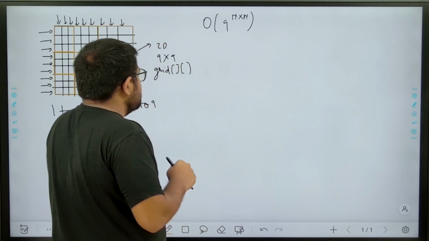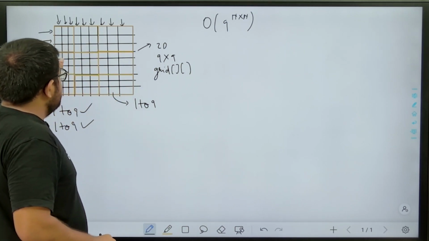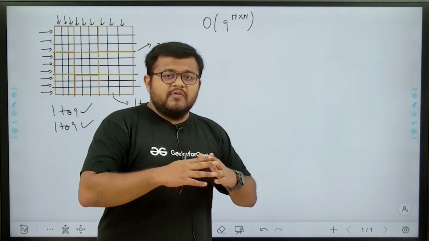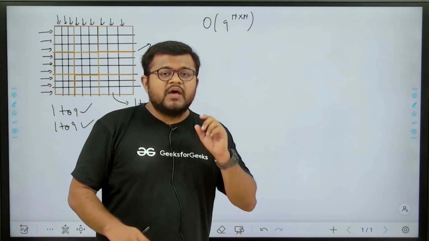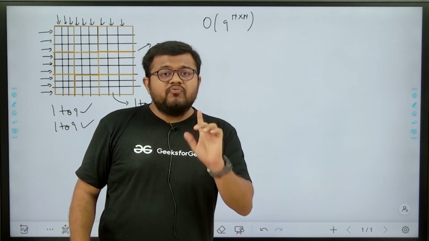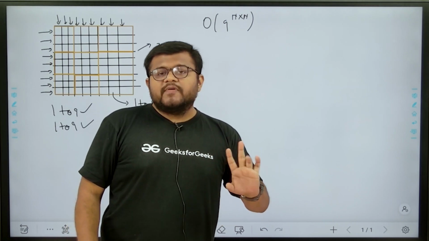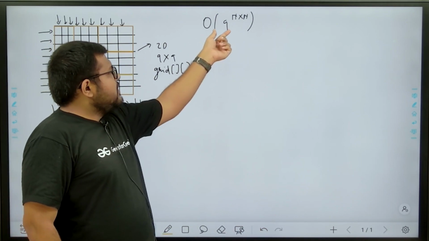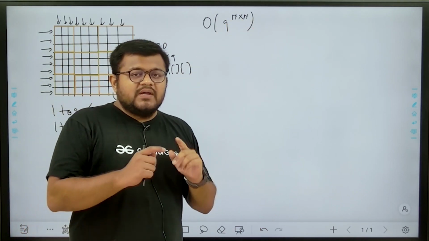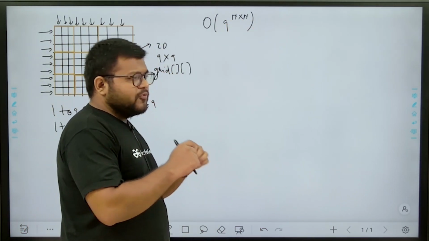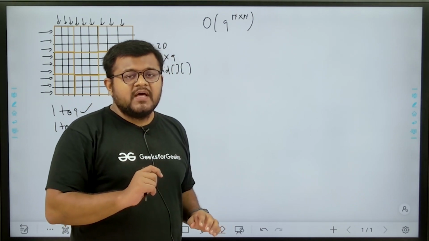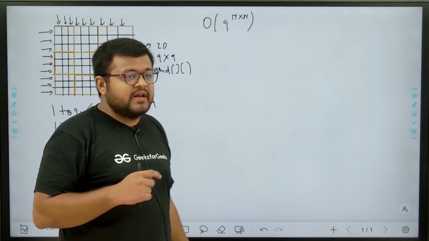So what would be the time complexity for that? See, here in the brute force method, if we try to generate all the configurations, each position can have 9 digits, 1 2 3 4 5 6 7 8 9, right? And suppose I have to fill n cross n places. Of course some of them will be filled beforehand, but suppose I have to fill all the places, then how many different configurations will I get?